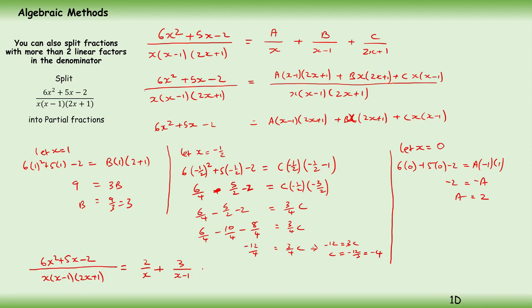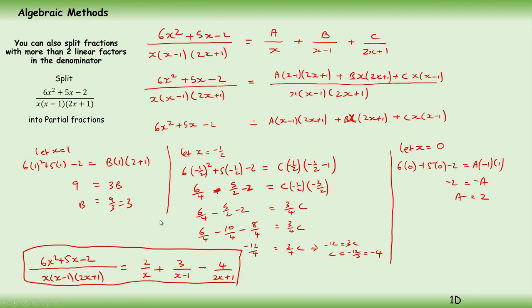Now C is minus 4, so that's going to be minus 4 over 2x plus 1. That's job done then. There we go. And that's our solution. So we split it into partial fractions. 3 terms in the denominator, so 3 terms there.